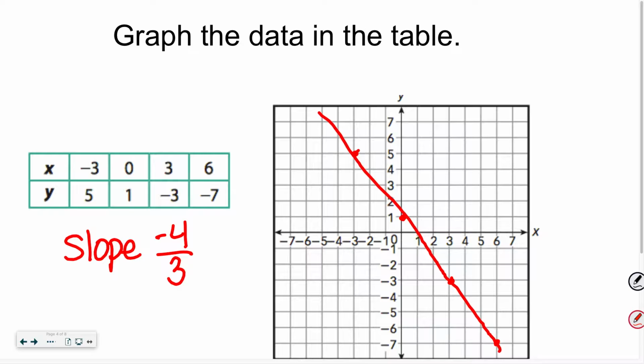So we just graphed all these coordinates onto this graph.